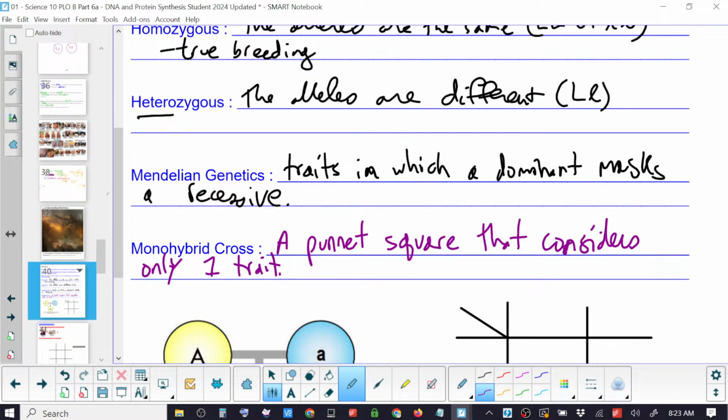So we're going to very quickly do some of those. And then we're going to calculate ratios, types of offspring, both phenotypic and genotypic. So what are the ratios of what they look like and the ratios of what their genetics are?